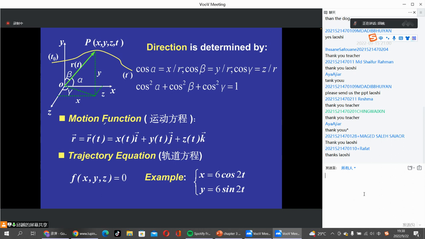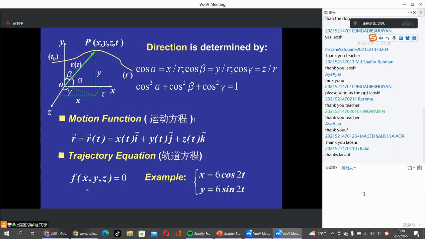Okay, just now we said there are two forms of functions to describe the motion. The first one is the motion function. It describes the position vector with the time t. And the second one is the trajectory equation. It describes the trajectory of the point.